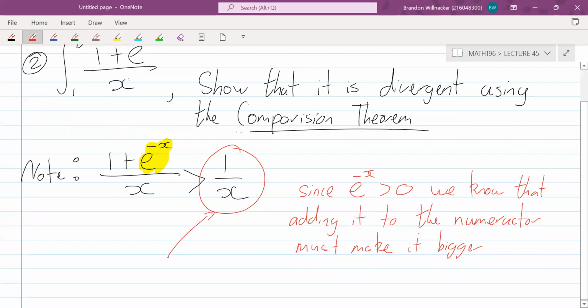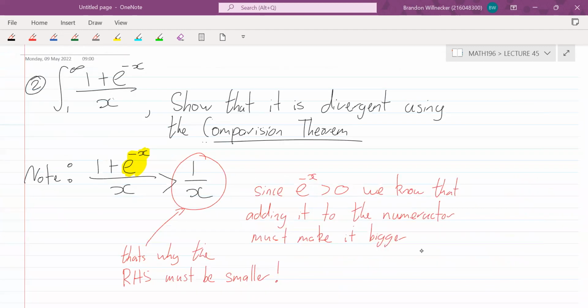So that's why this right-hand side must be smaller. Okay, are there any questions on this inequality? Okay, so we know that this right-hand side is smaller.